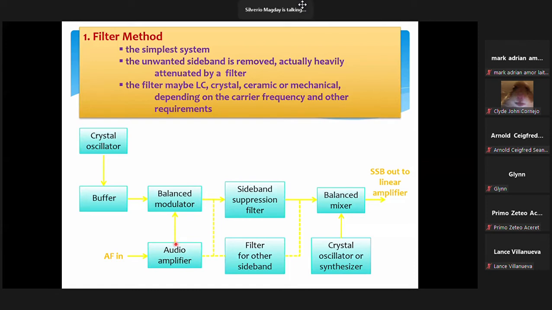And then the crystal oscillator provides naman your carrier signal, which is also applied to the balanced modulator. So the output ng balanced modulator is a double sideband DSB signal. Tas ma-apply siya dun sa sideband suppression filter. So an SSB signal is produced by passing the DSB signal through highly selective na mga bandpass filters.